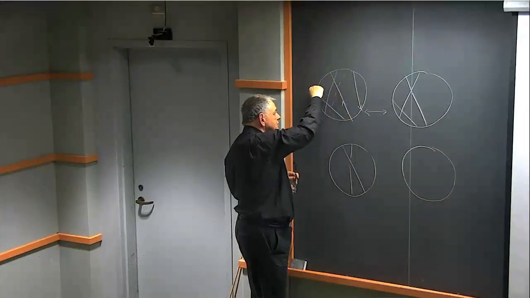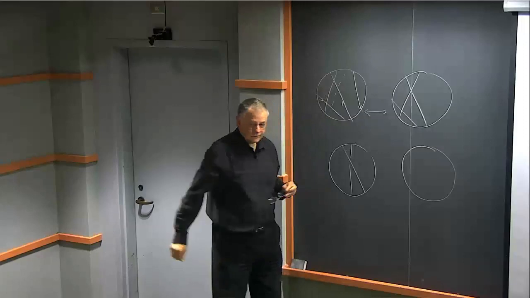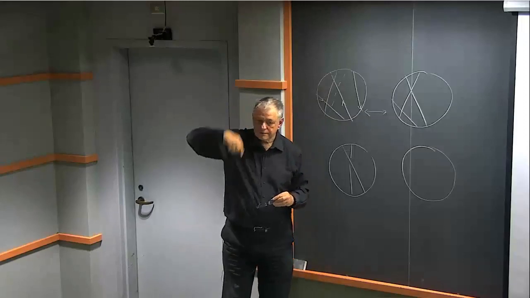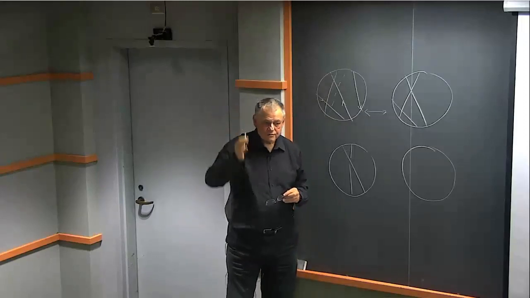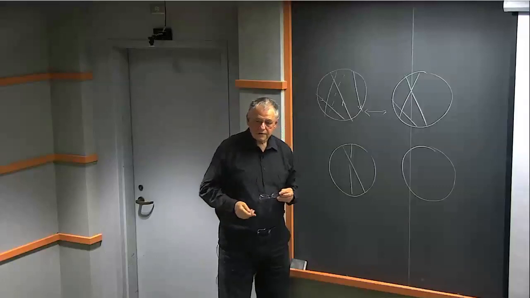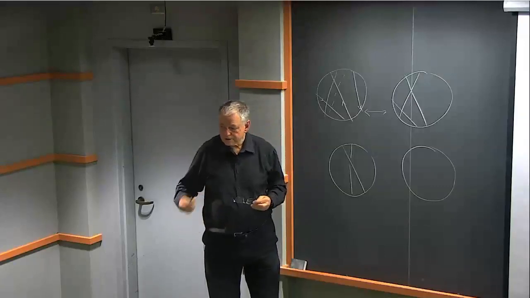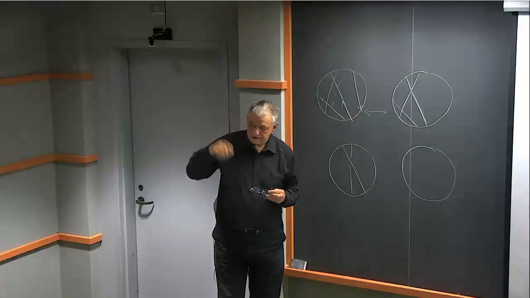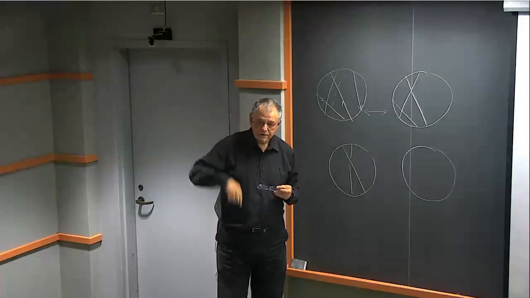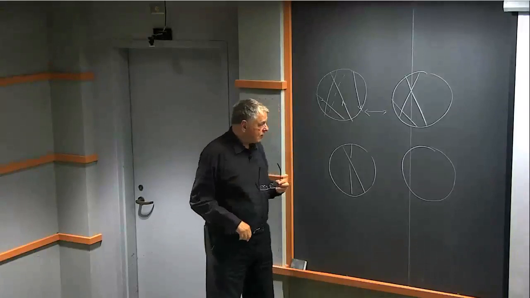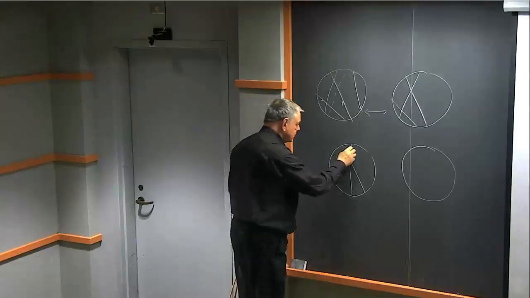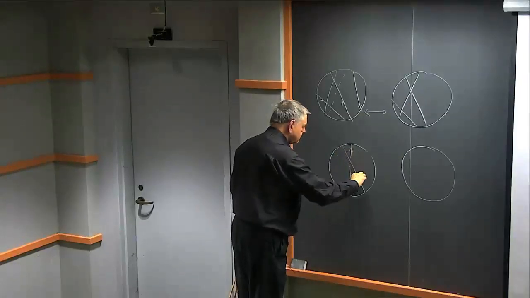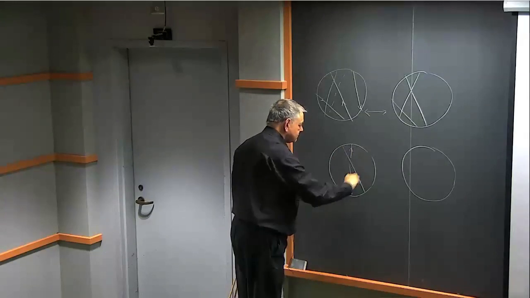So when you go around switching chords as soon as you can, each time you switch, you go along the orientation of the chord. And the orientation of the chord, let me repeat, is from up to down. Here, for the second Reidemeister move, the chords must be oriented in the same way.